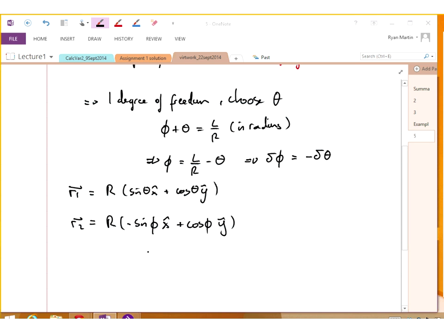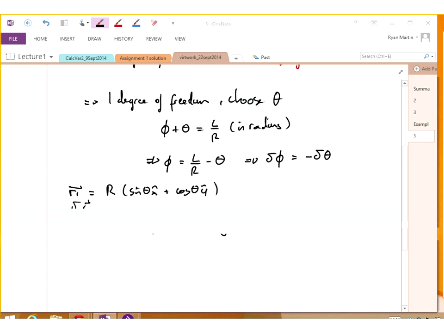So delta R1 varied with respect to theta is going to be R cos theta delta theta x hat minus R sine theta delta theta y hat.